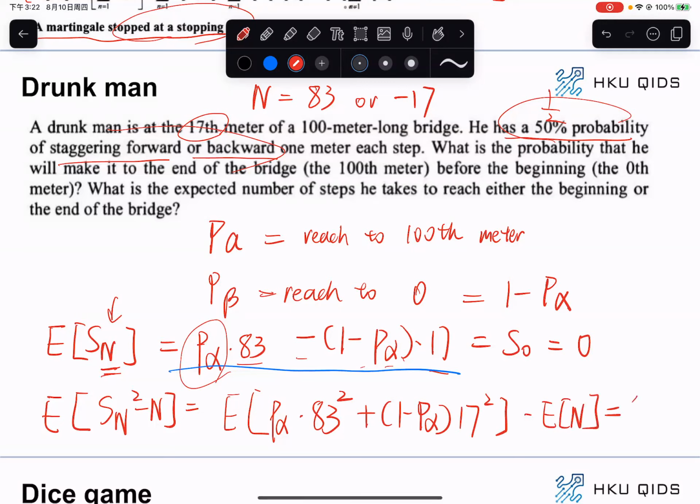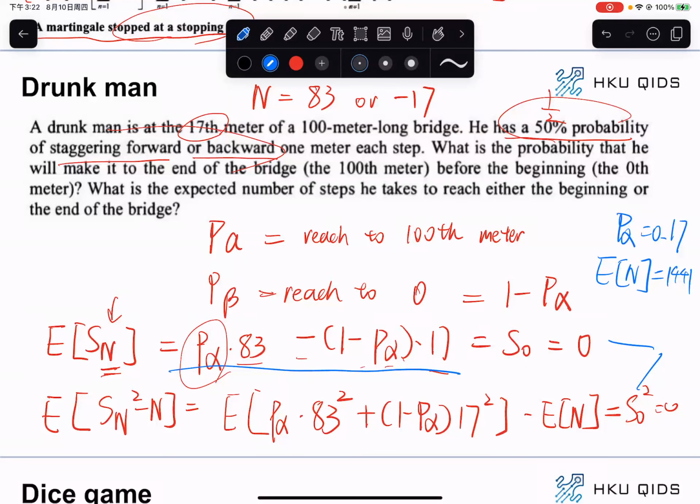This is going to be S0 squared, equal to 0. And by solving these two equations, we can have probability alpha equal to 0.17, and expected N is going to be 1441.